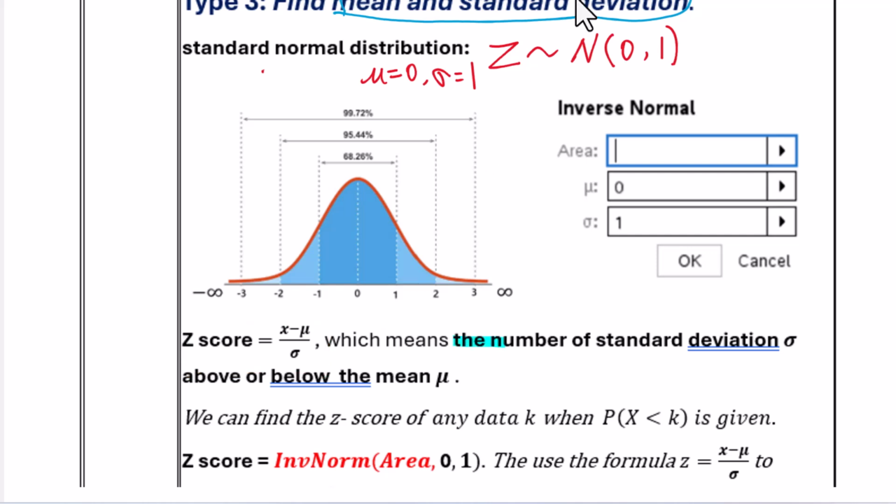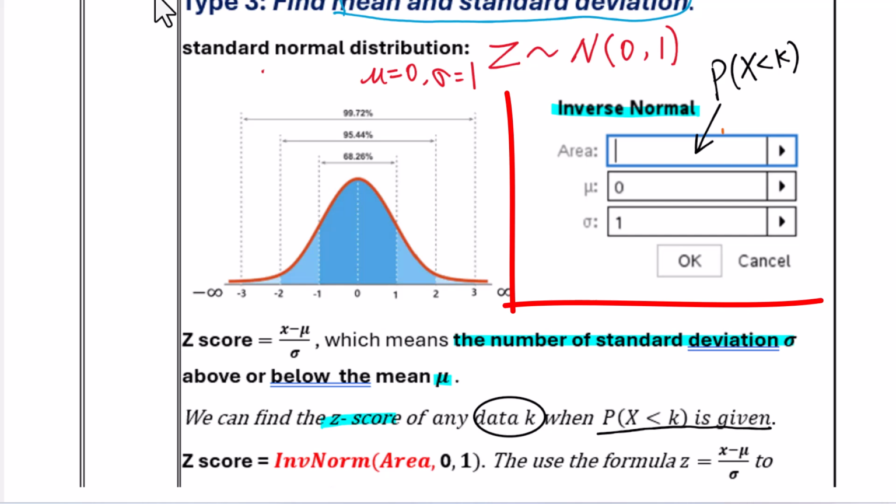Z means the number of standard deviations sigma above or below the mean mu. Above the mean, you will get a positive z-score. If below the mean, you will get a negative z-score.